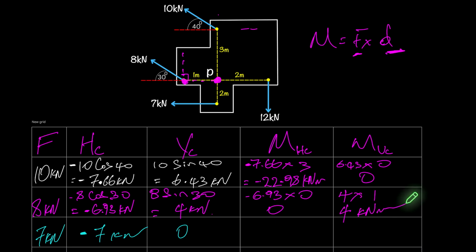And we're going to apply the same principle now. So we're going to go down to the 7 kilonewtons and see how that works. Now for the 7 kilonewtons, again, you probably can see where we have this right angle formed right there. And remember that we have no vertical force component, so at least we understand here that we're only going to end up with a horizontal moment here.